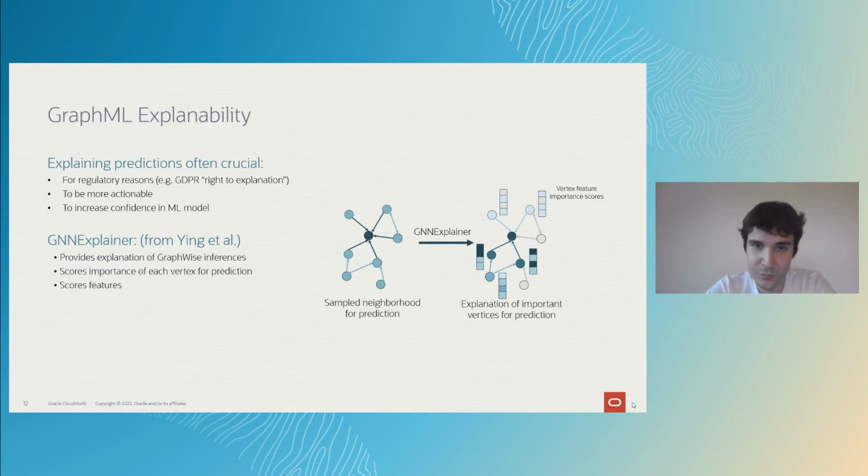Explanations produced by these methods are graphs themselves, so they can be visualized. And it's very nice, for example, to use it in different use cases where it might be necessary for regulatory reasons to explain why the prediction was as it was.